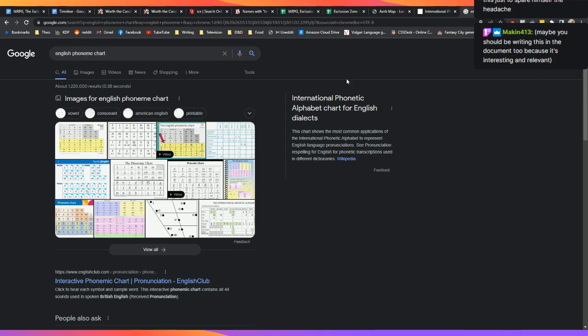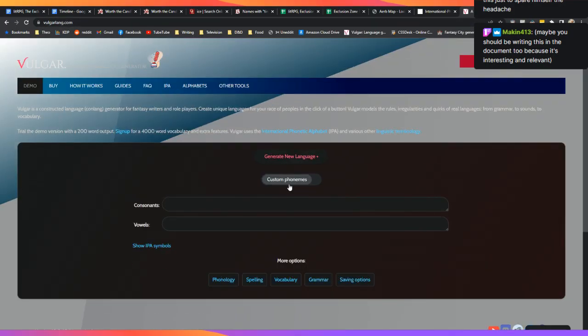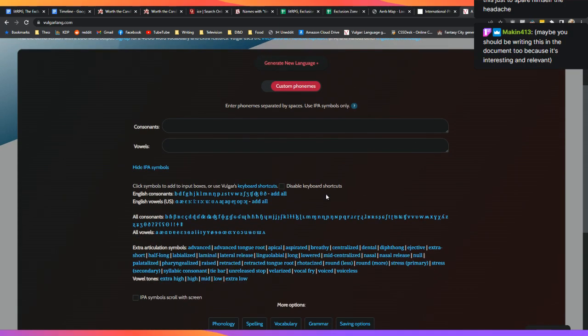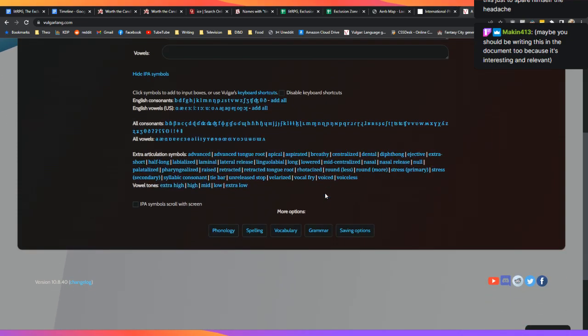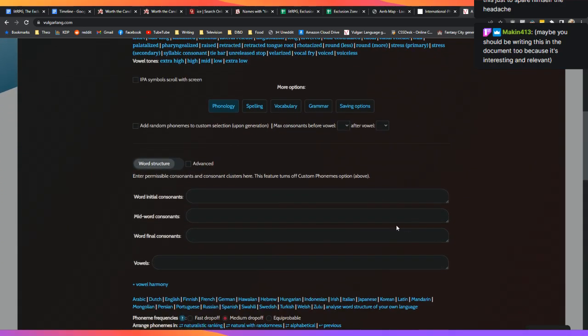English phoneme chart. I'm gonna pull up Vulgar actually. Vulgar is a language generation thing. So I do custom phonemes, and I just do all the ones from, oh, here, phonology.